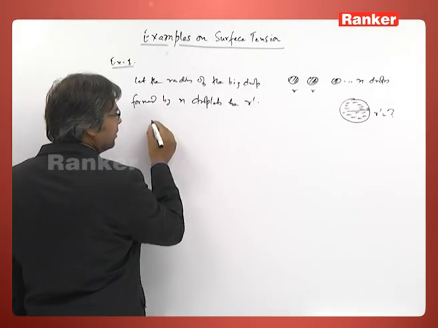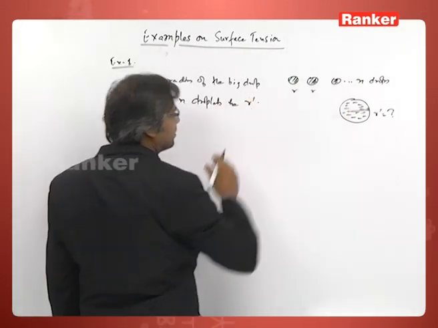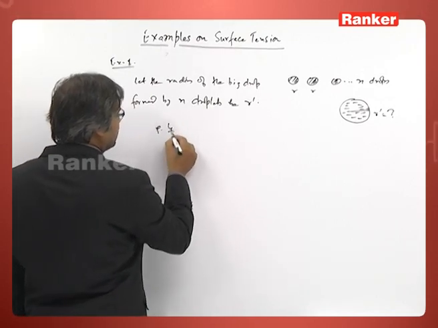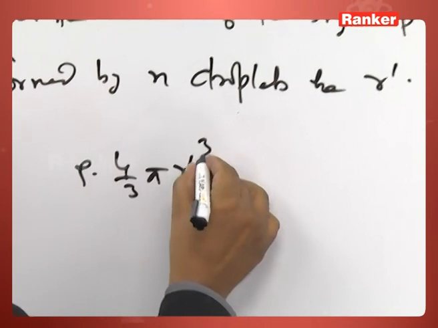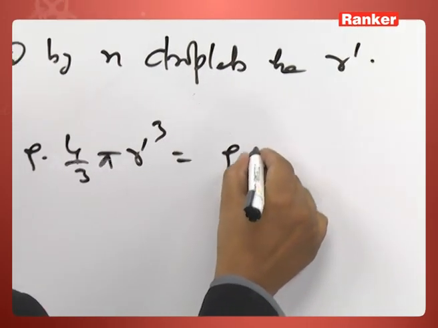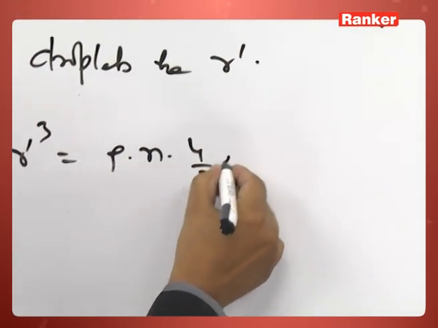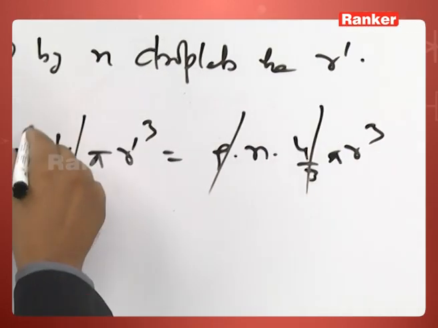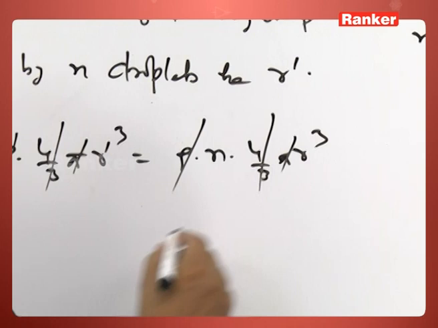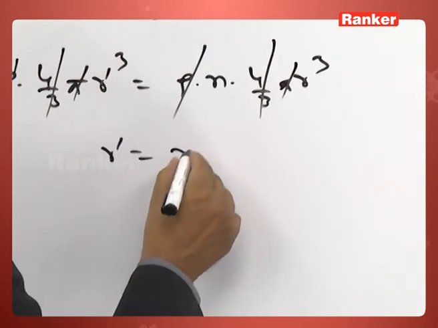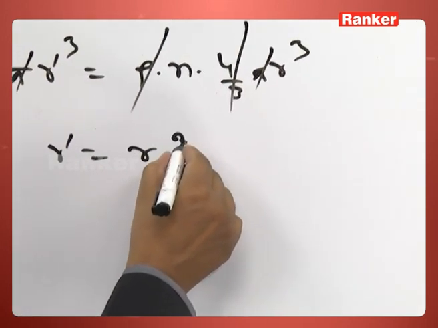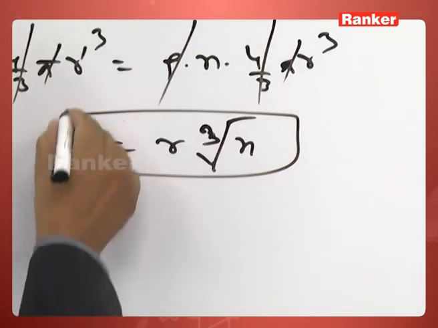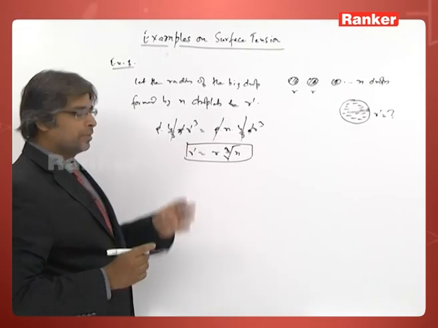Since mass is conserved, rho into 4 by 3 pi r dash cube is rho into n times 4 by 3 pi r cube. So rho and 4 by 3 pi cancel. So r dash is equal to r times cube root of n. So we got r dash.